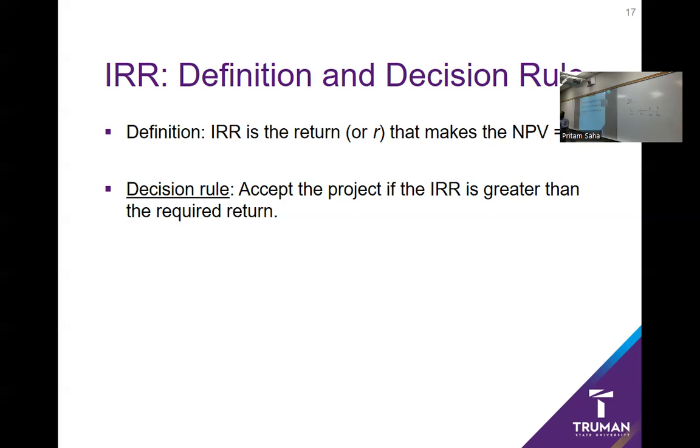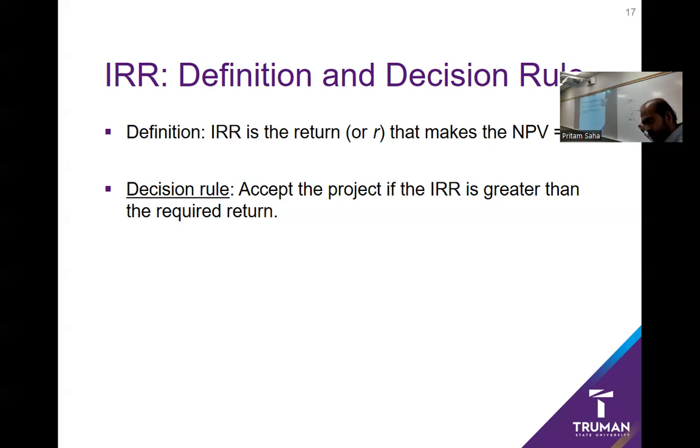But if we want to dig theory a little bit, what is an IRR? Internal rate of return. This is an arbitrary rate of return that actually equals present value of cash outflow with the present value of cash inflow. You can also say that at IRR rate of return, NPV is 0.